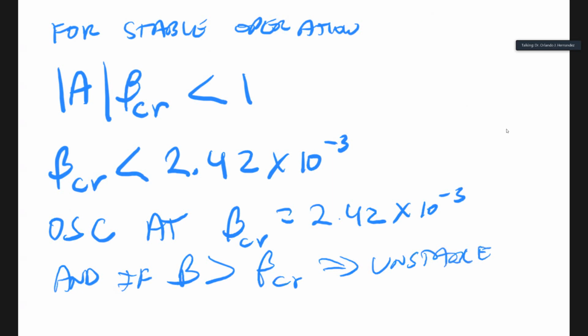Okay, so those are the examples that I wanted to work today. Any question about this one, the 83?